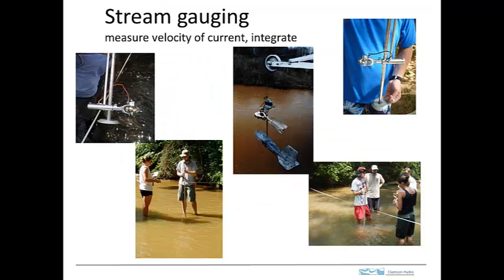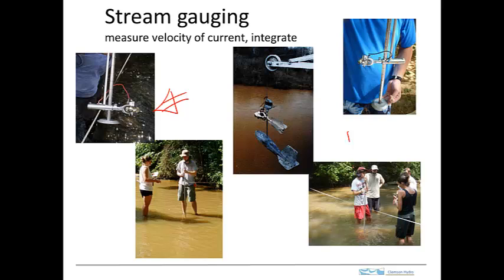This is the kind of current meter that we'll use. This is a Pygmy meter, and it has these small cups that spin around, and you measure the rate at which it spins. Each time it revolves around once, it makes a click. So you wear some headphones.